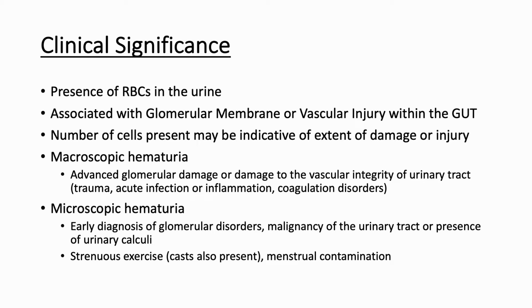Grossly, macroscopic hematuria can appear as a cloudy urine with red to brown discoloration. It can be associated with an early diagnosis of glomerular disorders, or even a malignancy of the urinary tract or presence of urinary calculi. Microscopic hematuria can also be evident in strenuous exercise, especially in the presence of casts, and even menstrual contamination.